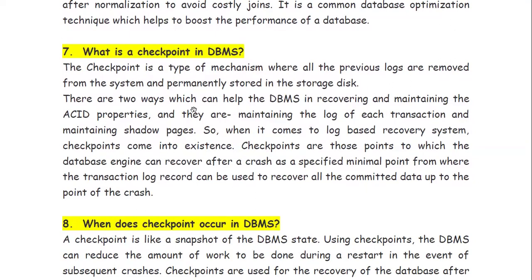There are two ways which can help the DBMS in recovering and maintaining the ACID properties. I hope you know about ACID properties: atomicity, consistency, isolation, and durability. These properties can be maintained with the help of maintaining the log of each transaction and maintaining shadow pages.